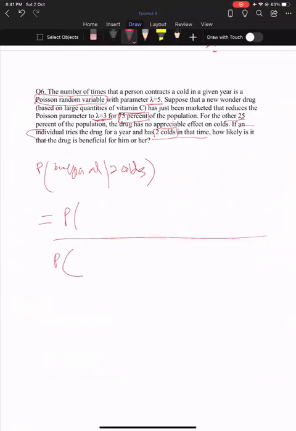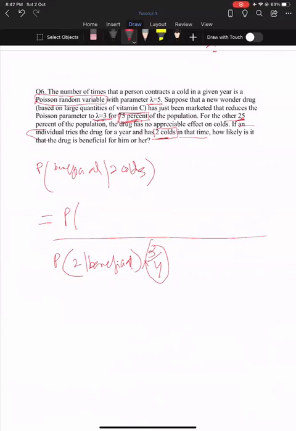Okay, so here the 2 colds is given. If the drug is beneficial, then 2 colds can happen for 75% of the population. But even if it is not beneficial, 2 colds can still happen for the 25% of the population. So we have to consider both scenarios. So we get 2 colds happened because the drug was beneficial, and this is for only 3/4 of the population.